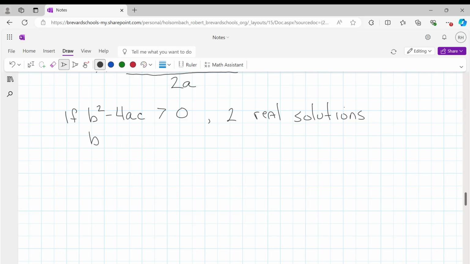If b squared minus 4ac is equal to 0, that was the case in one of your practice problems yesterday, then there is one real solution.